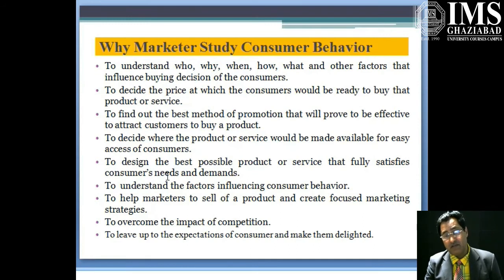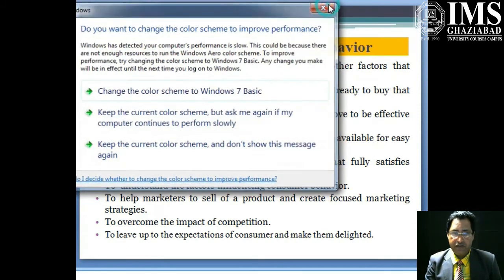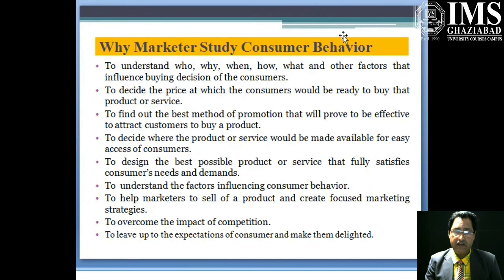Then the design. In the market today you will find there are so many designs of the product. For example, if I talk about the mobile phone, see what type of mobile phone you used to get previously, and now there is a huge difference. Initially with the iPhone, it took almost 2 years to shift from iPhone 4 to iPhone 6.